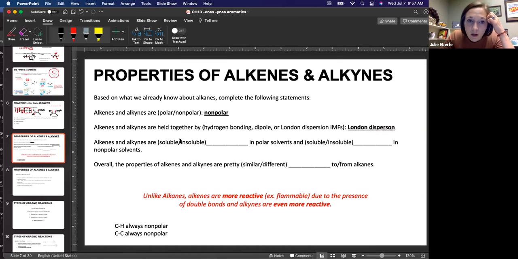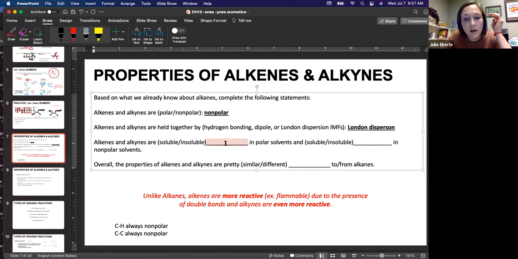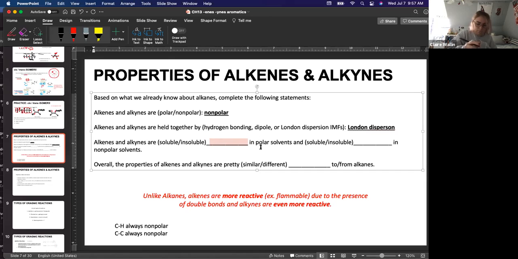All right, next thing, alkenes and alkynes are, what do y'all think, soluble or insoluble in polar solvents, such as water? Remember, like dissolves like. We already said they're nonpolar, so do you think they're going to dissolve in something that's polar? Insoluble. Correct, insoluble.